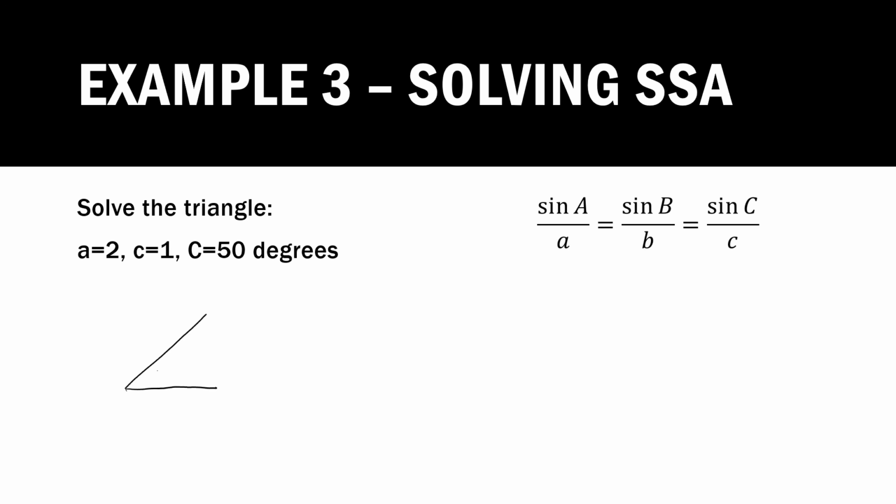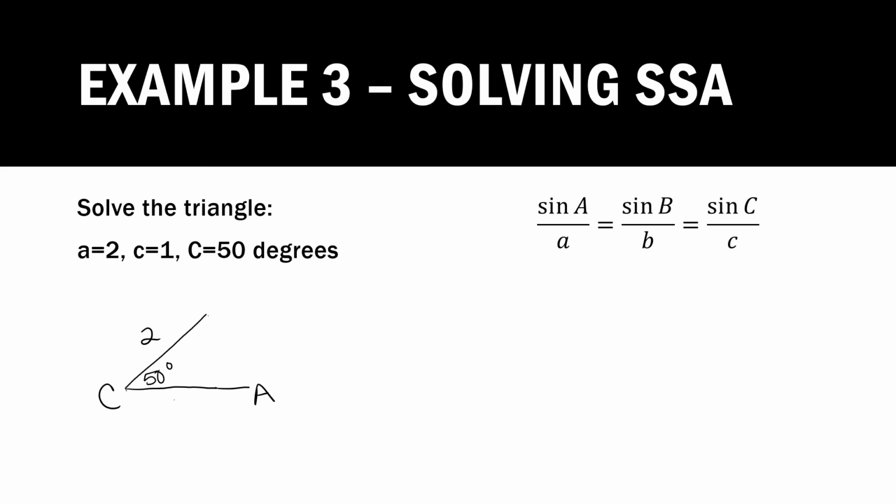I know this is 50 degrees, so this is going to be C. I know I have a side a that is 2, so I'm going to put that right here. Let's say this is where angle A is.